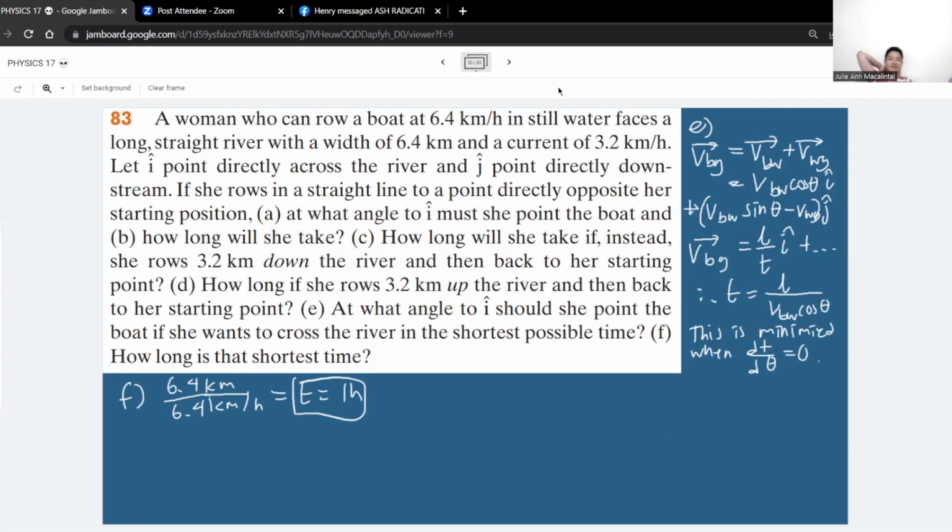Kasi actually I think alam ko kung bakit mahirap siya. I think it's possible. Ang ano lang dyan ay i-set up yung expression for the time given yung merong angle.